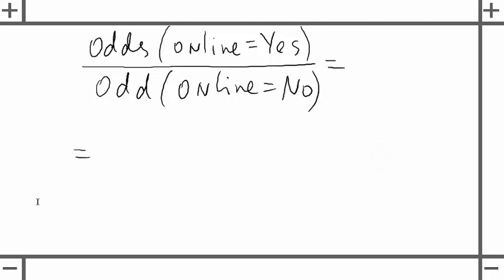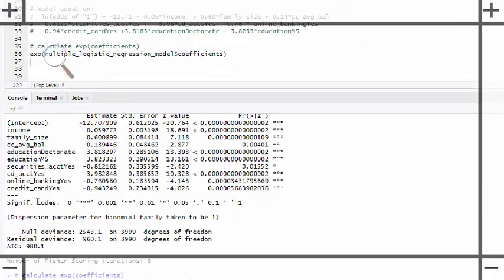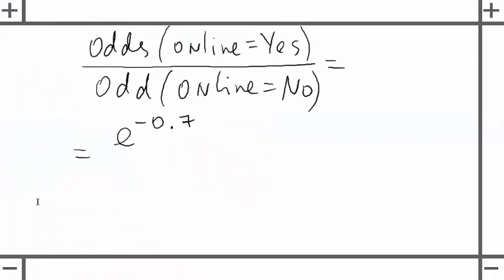Here's what I can do. It's e to the power minus 0.7605, and divided by e to the power minus, how much is getting added to the equation for the base case, benchmark. If the online is no, the addition to the equation is what? 0, right?